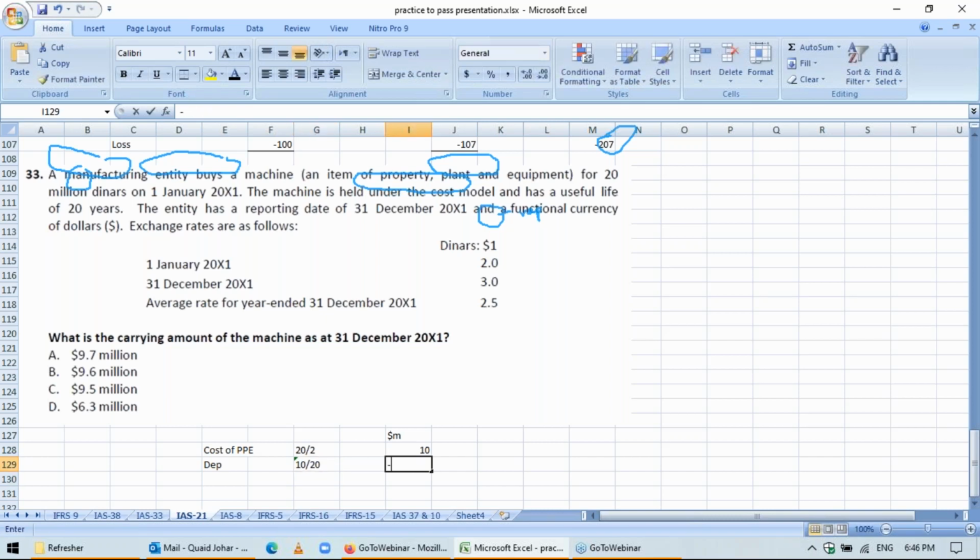This gives you the carrying value of 9.5 million. The correct answer is $9.5 million. It's C.